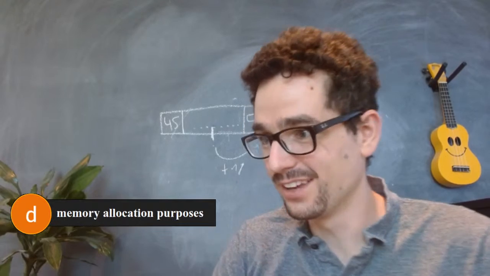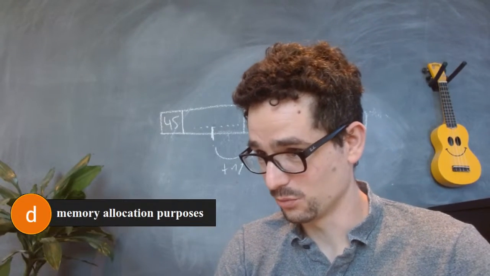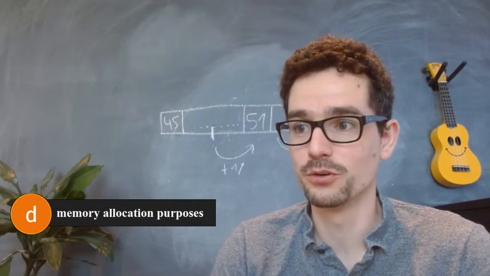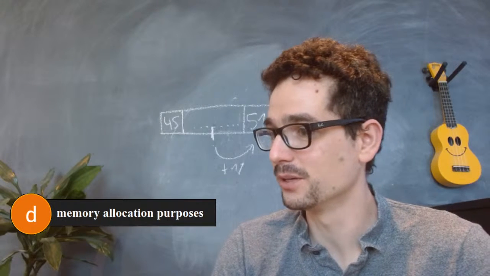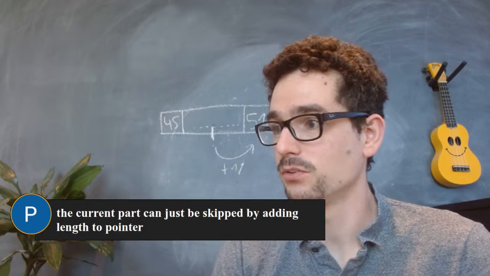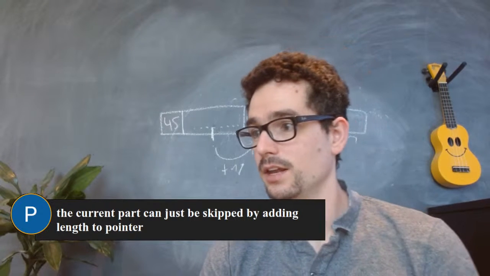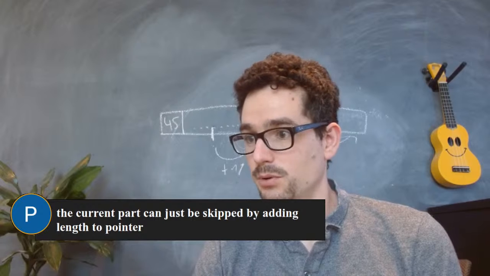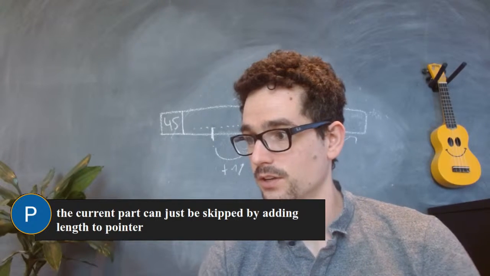Yeah, maybe the length field can be of interest there as well. But the main purpose is for quickly skipping documents. The current part can just be skipped by adding the length to a pointer. So exactly.